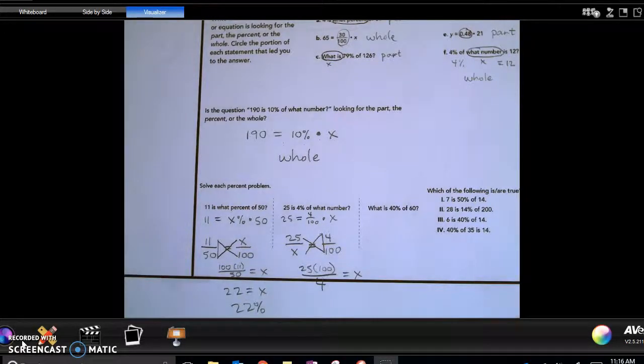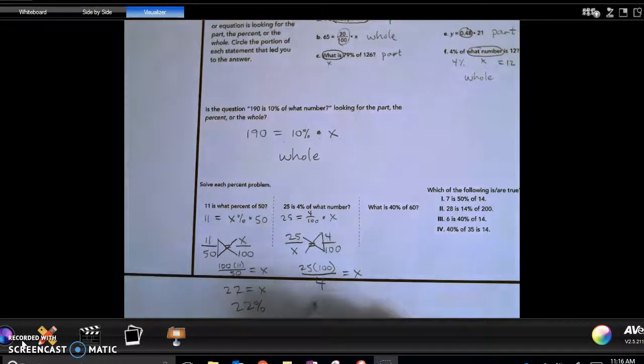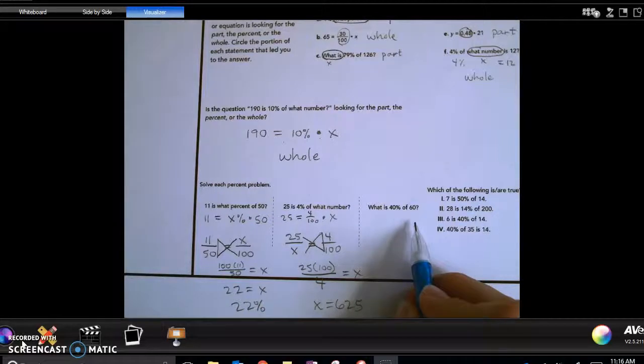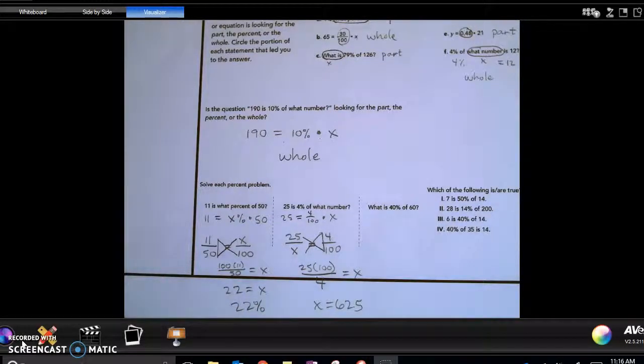So 25 times 100 is 2,500, divided by 4 is 625. So let's see if this makes sense. 25 is 4% of 625. Seems reasonable. Let's check out this one. What is 40% of 60?